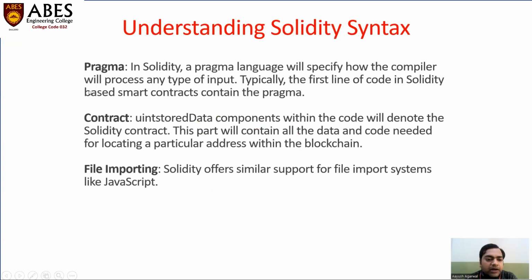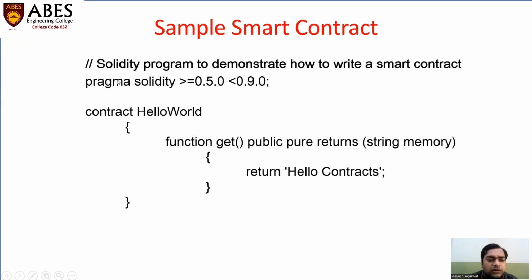Second, we have learned about this contract component in our program. After pragma solidity, we have defined what version of compiler you are using for your smart contract. So in the next line we have this contract component, and this will contain your whole data, your whole code you are going to use in your smart contract, right?